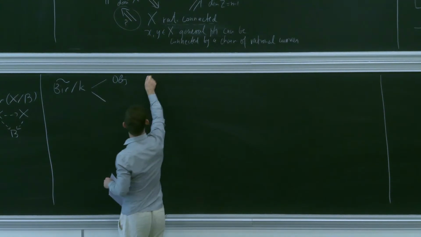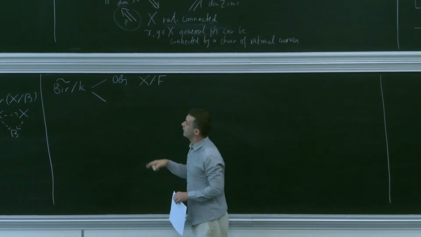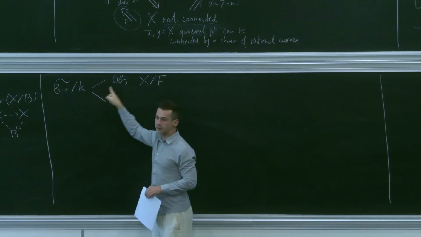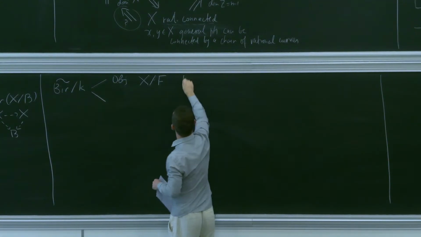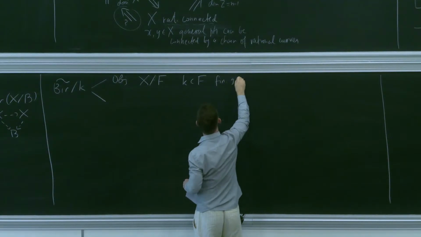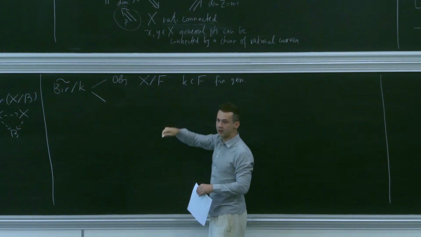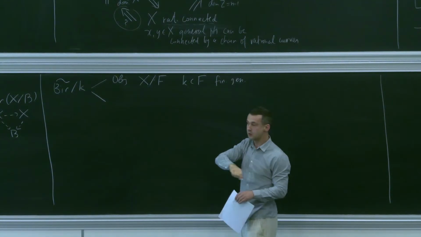Objects are varieties over a different field F, right? We have a base field K, but now I want a bigger field F. So it's a finitely generated extension of K, and X is a variety over this field. So I have X over F over K.